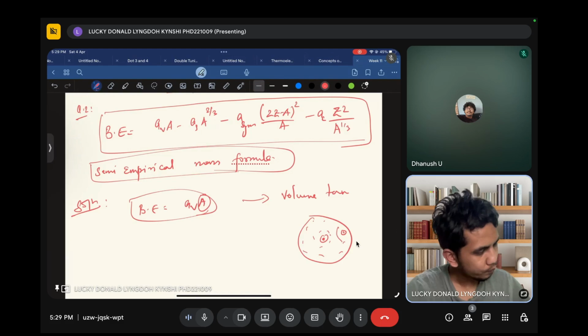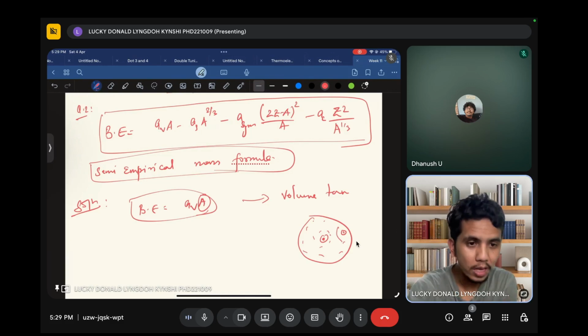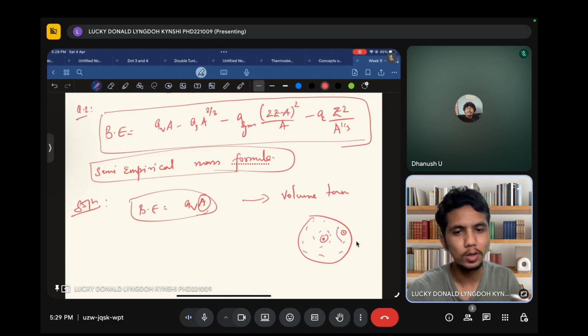So in other words, the interaction will be different. The nucleons at the center have more neighboring nucleons, whereas the nucleons on the surface have fewer neighbors. In that case, you have to subtract from the binding energy, otherwise you are overestimating it.